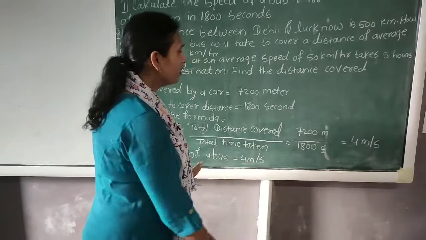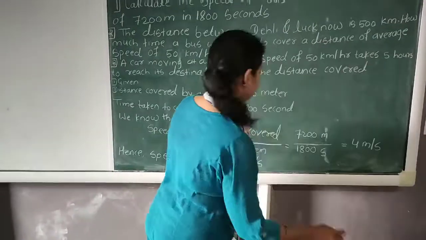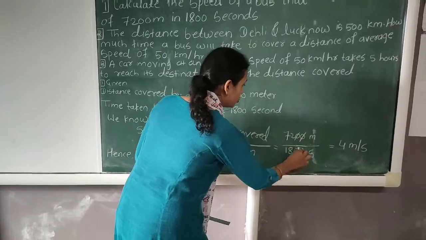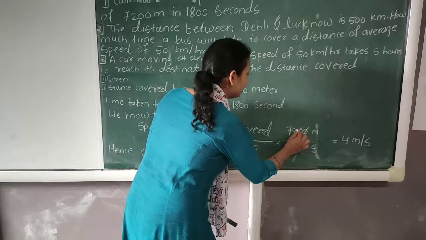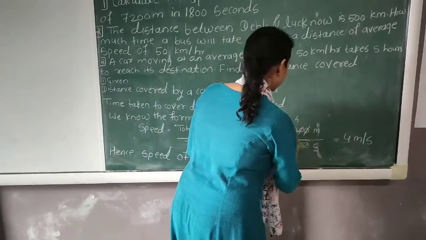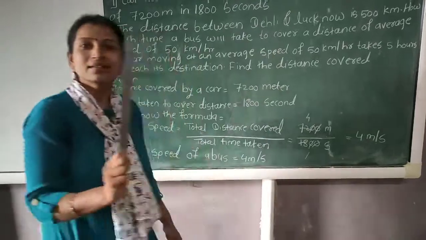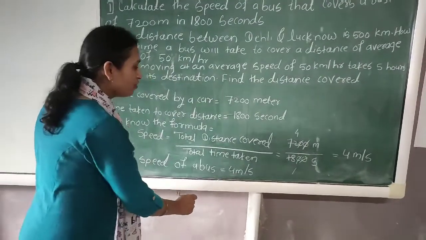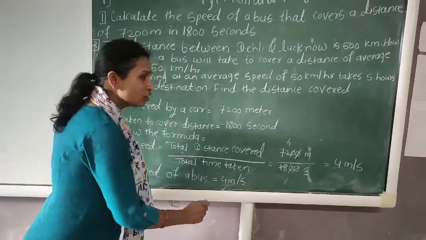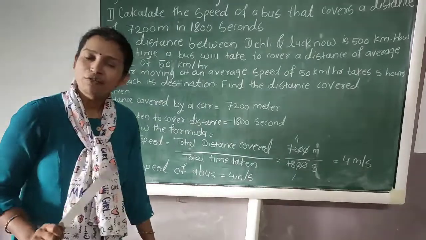When we divide these values, two zeros will cut, and we know that 18 fours are 72. So 4 meters per second, this is the speed of the bus, which means in 1 second the bus covered a distance of 4 meters.